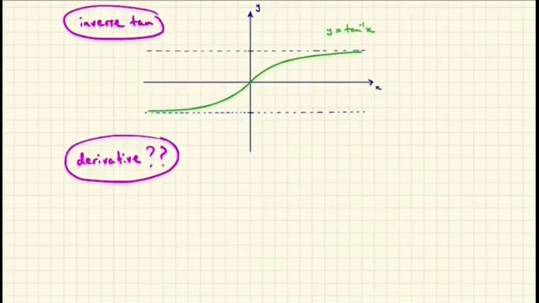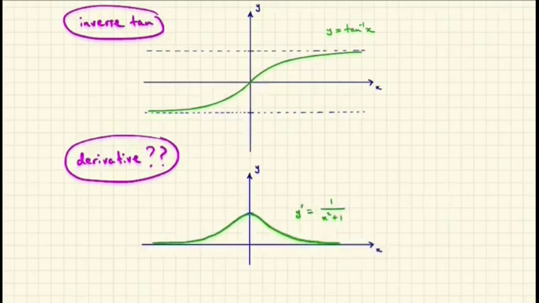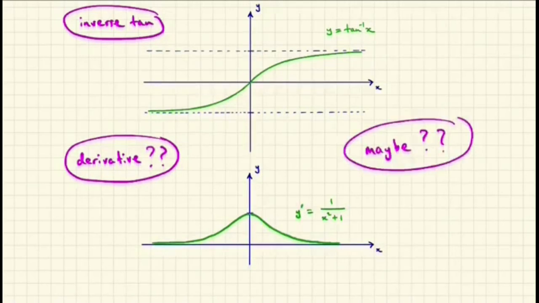Maybe if y equals inverse tan of x, then y dash equals 1 over x squared plus 1. It turns out to be true. The proof emerges from the magic of Leibniz notation. Watch.